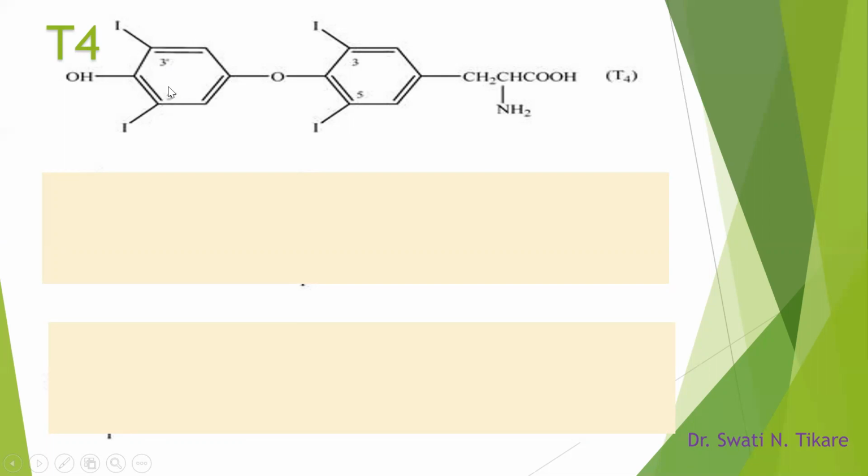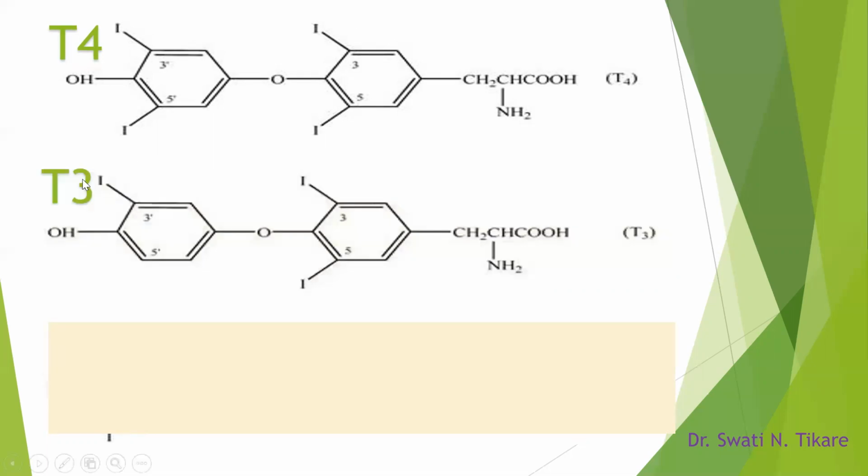At 3' and 5', OH is there. At 3' and 5' it is iodinated at both places. O, then again one more benzene ring. At 3 and 5 again they are iodinated. CH2, CH, COOH, NH2. So this is the structure of T4, that is thyroxine hormone. Next, let's see how the T3 structure looks like.